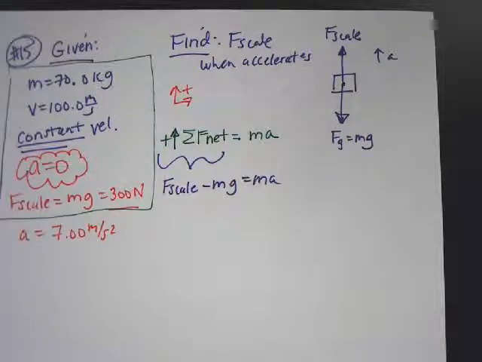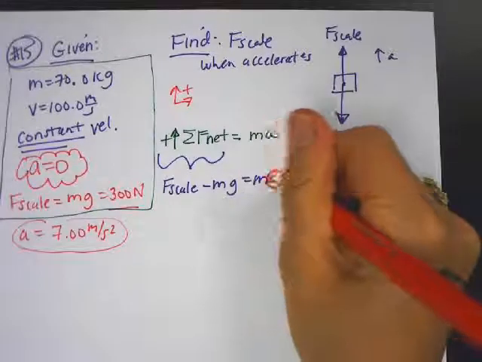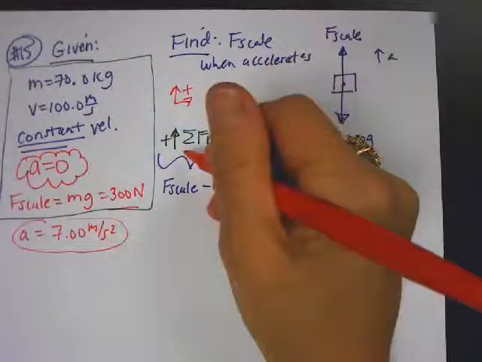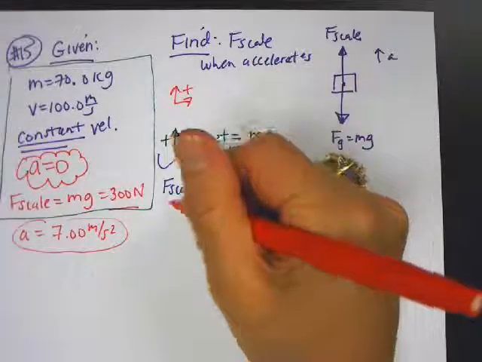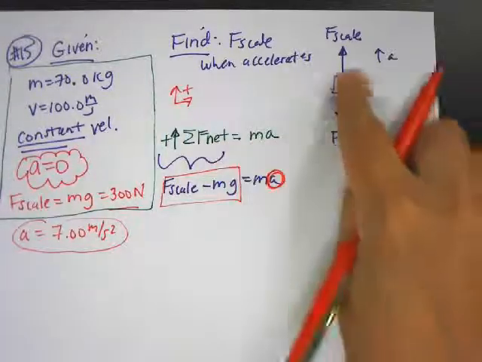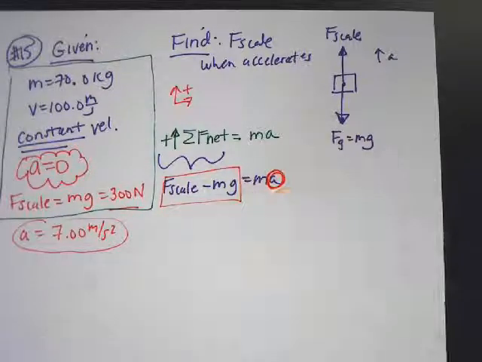And remember, the 7 meters per second squared, that's this acceleration here. Remember, this F net shows all my forces going in the y direction. The sign is important, and that's going to be equal to mass times acceleration.